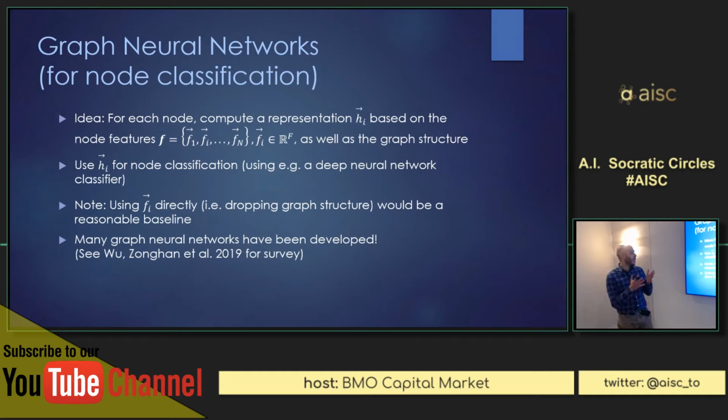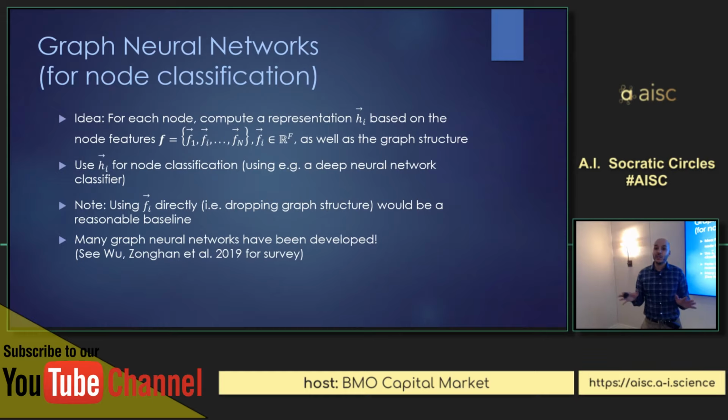The general idea is that you're given these input feature vectors for each node, and the idea is to compute some hidden representation for each node, and then take that hidden representation and use that in a downstream machine learning algorithm for your problem, be it node classification, graph classification, and so forth.